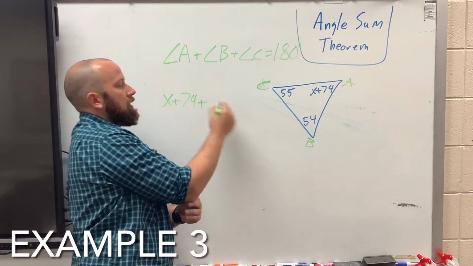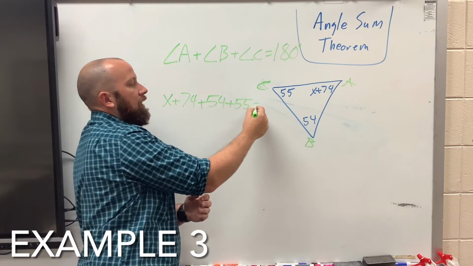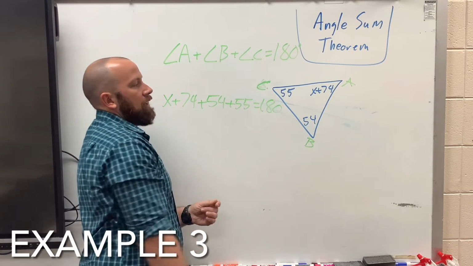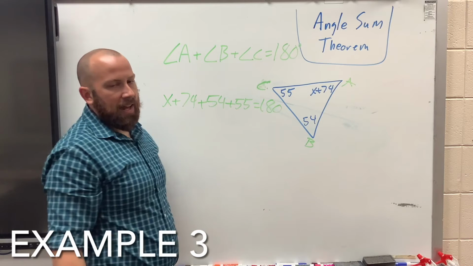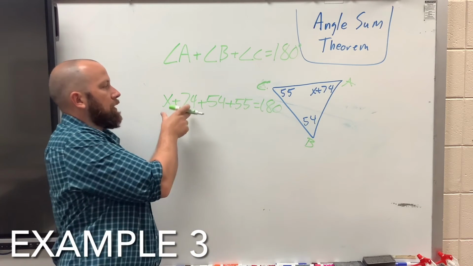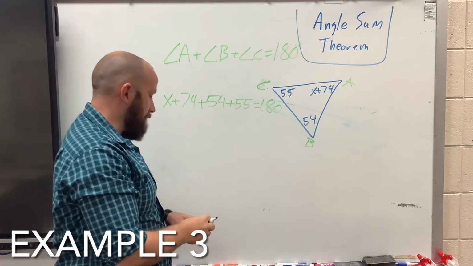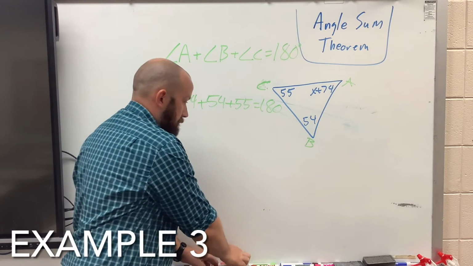B is 54. C is 55, and they should all equal 180. Nothing changes just because there's an X plus 74 in there. You still just write everything for its individual part: A, B, C.